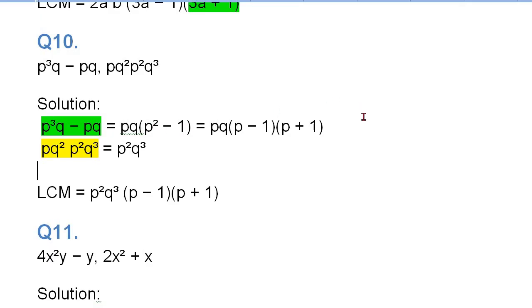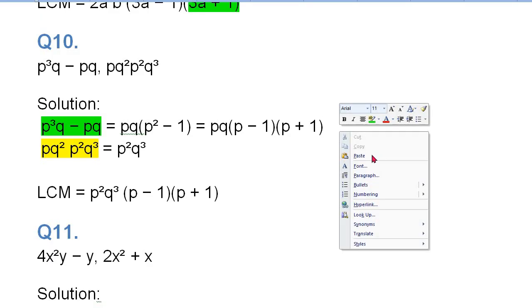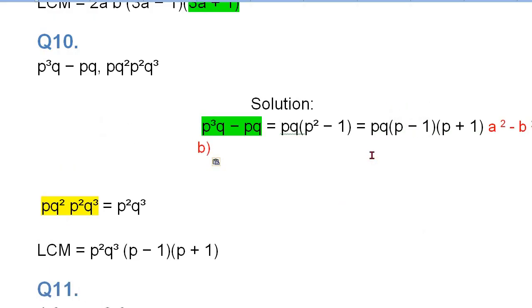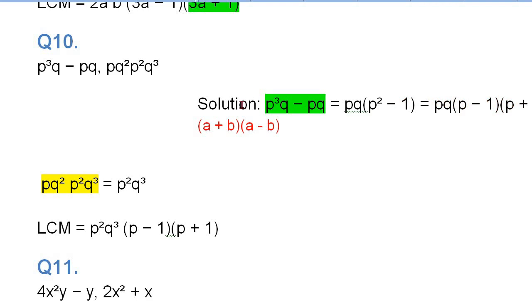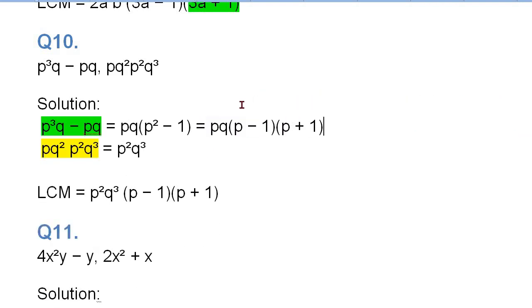Again using the square formula, a square minus b square is equal to (a plus b)(a minus b). The formula will give you the answer: now you have p square and minus 1, so (p minus 1)(p plus 1).